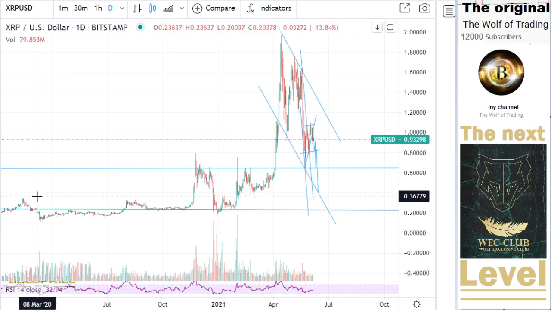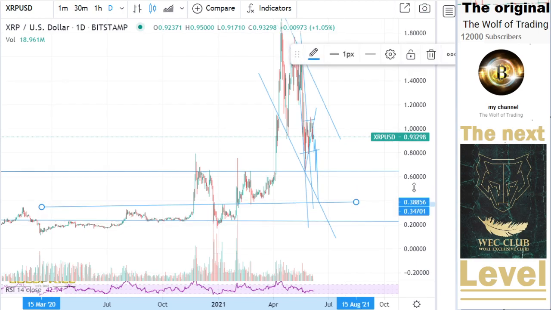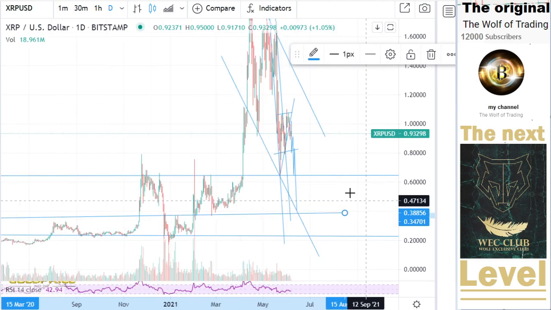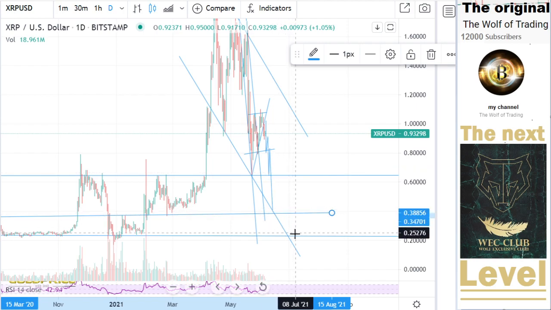I think we also have a good support here. I would say first target is 65 cent, second target is 37 cent, and the last, if we fail really big, then I would say 22 cent.